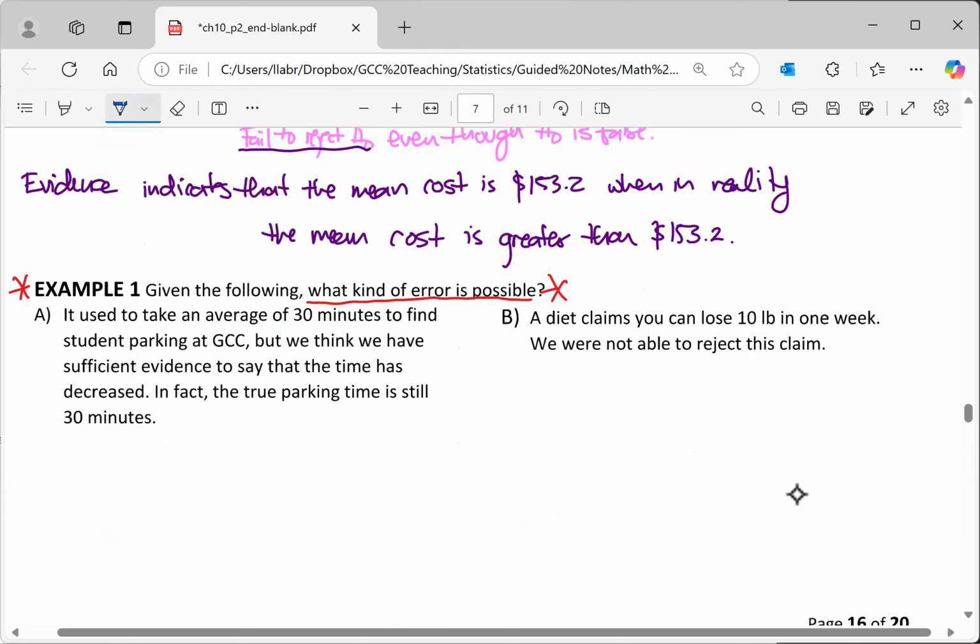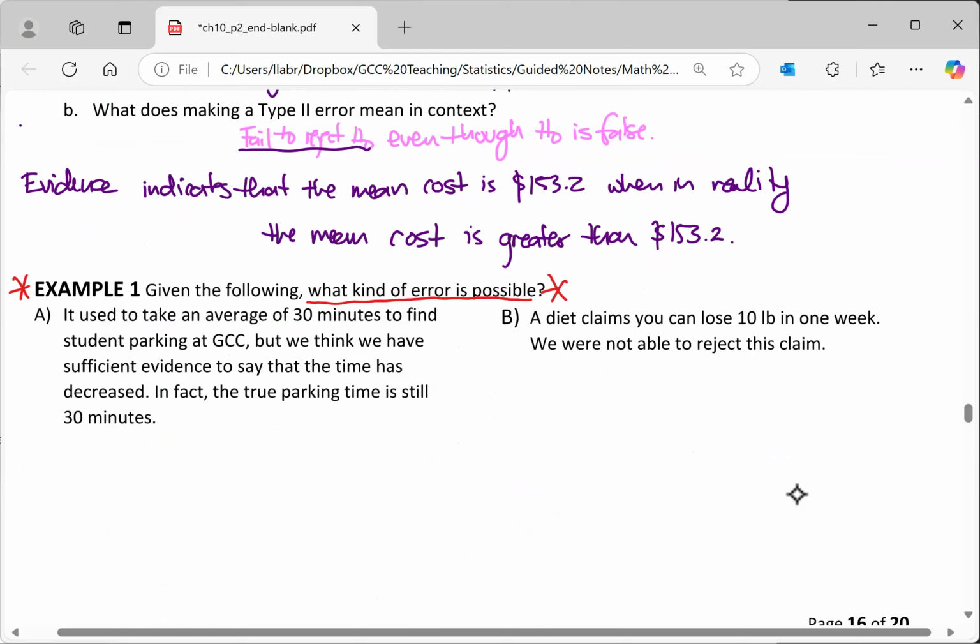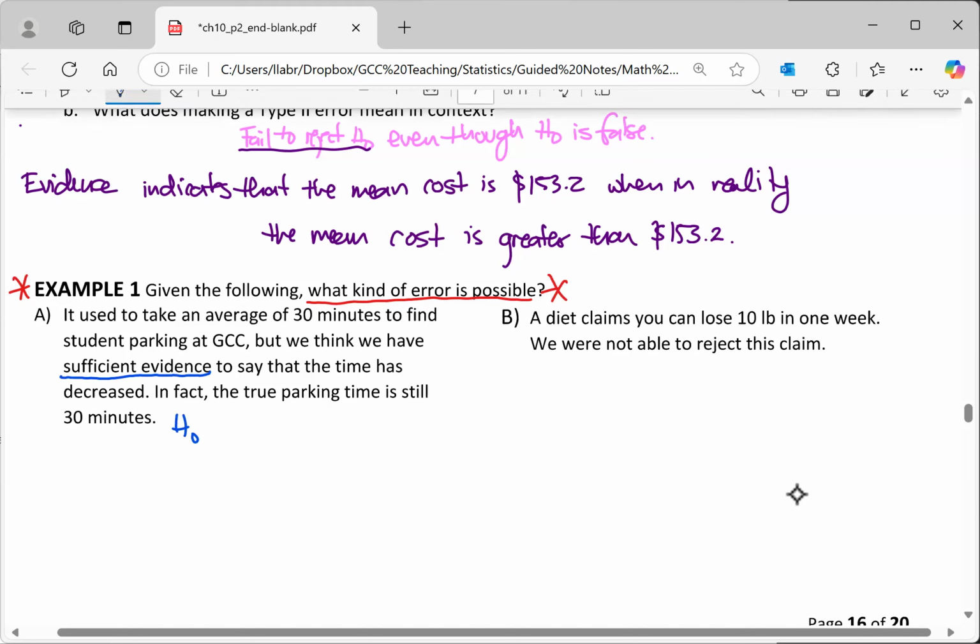All right, so here we go. Part A. It used to take an average of 30 minutes to find student parking at GCC, but we think we have sufficient evidence, so again, this is after we collect our evidence, to say that the time has decreased. Again, let's write out our hypothesis.